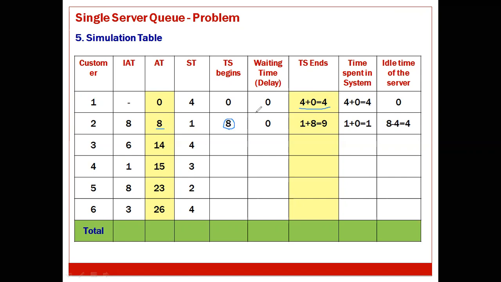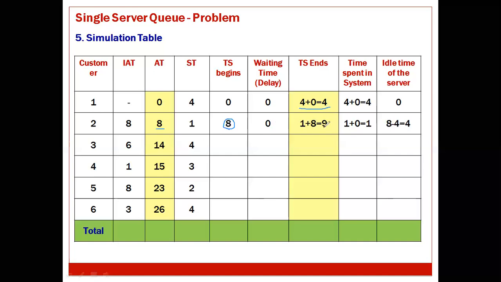Do you have any waiting time? Suppose this is 4 and this is something like 2, then he would have waited for 2 minutes. As of now, the service ended at 4, the next customer is coming at 8, so there is no delay as such. So the delay is 0.